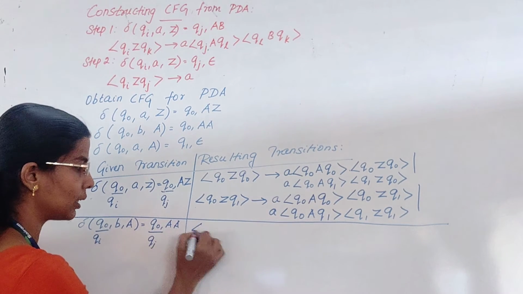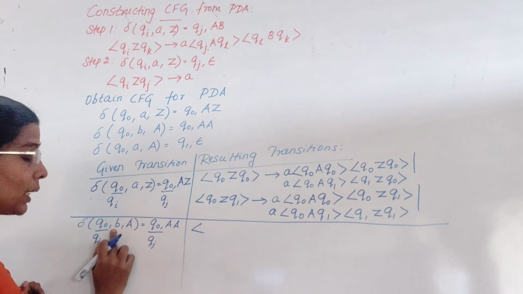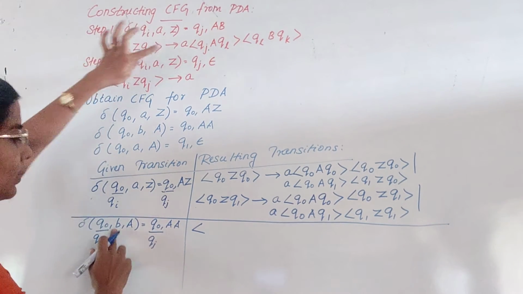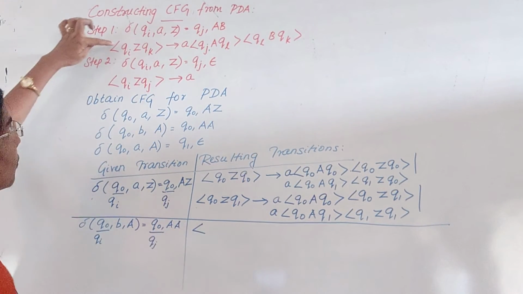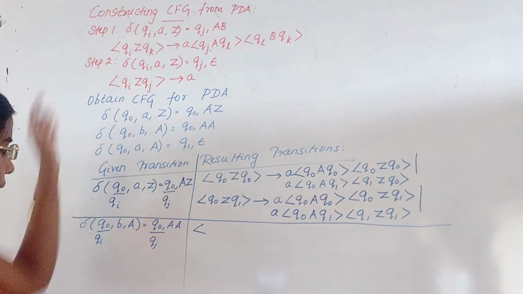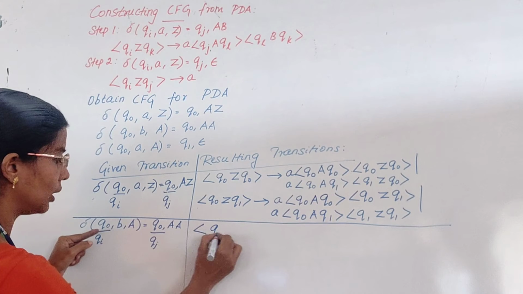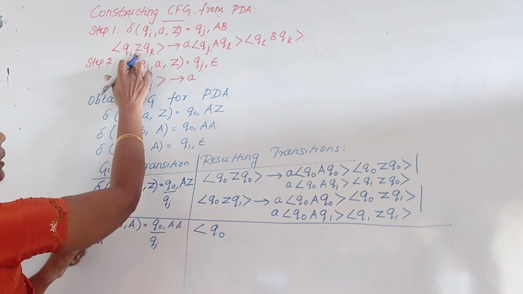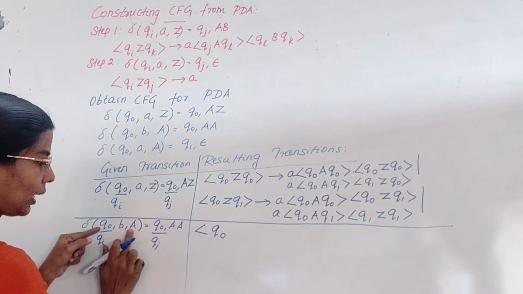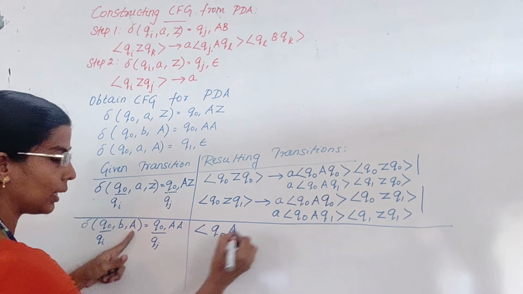Now, how to write? What about my input symbol here? It is B. Start from this triplet. Qi set Qk. Qi is Q naught. So set, stack is set now. Now check what is your stack? A. So I write A.